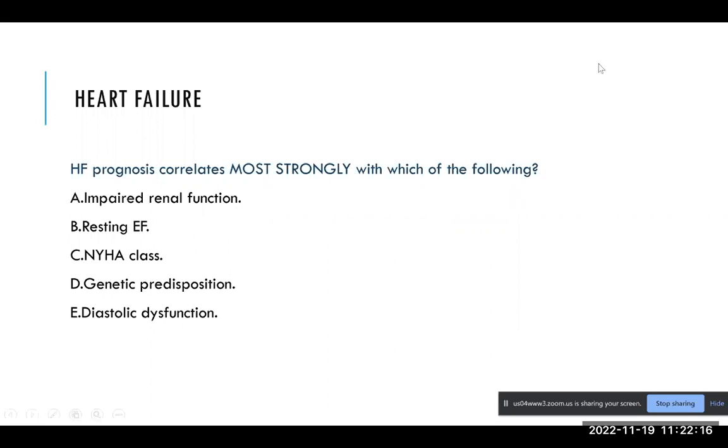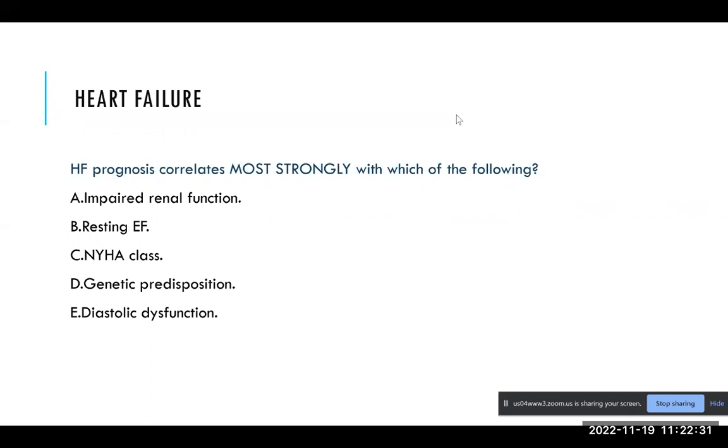Thank you. I think ARNI should be started only in symptomatic heart failure; for stage B, only ACE inhibitors.